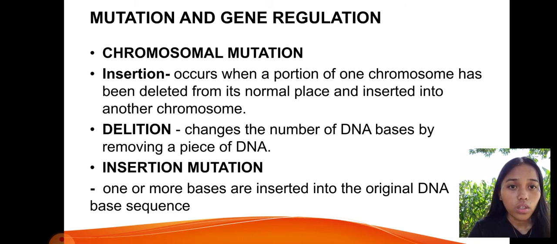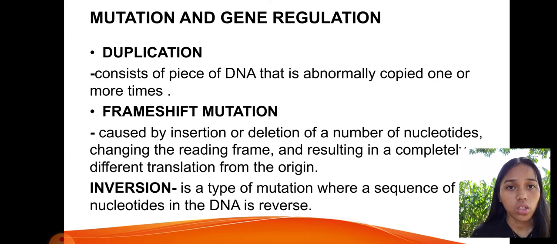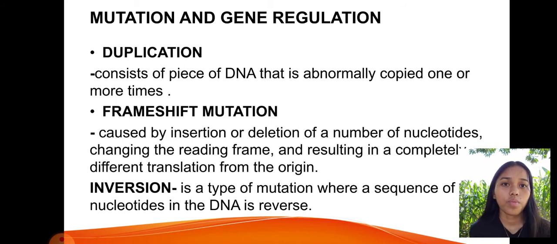Deletion changes the number of DNA bases by removing a piece of DNA. Next, insertion mutation. One or more bases are inserted into the original DNA base sequence. Duplication consists of a piece of DNA that is abnormally copied one or more times.